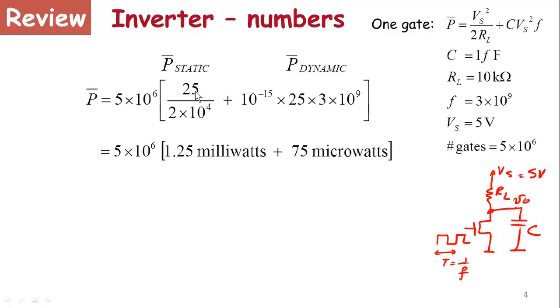Going ahead and crunching away at the numbers, the static power per gate comes out to be 1.25 milliwatts, and the dynamic power comes out to be 75 microwatts. Then if I multiply that out by the number of gates, I get a whopping 6.25 kilowatts for the static power for this chip, with merely 5 million gates, and 375 watts for the dynamic power.